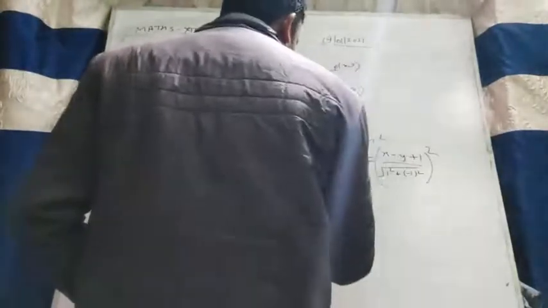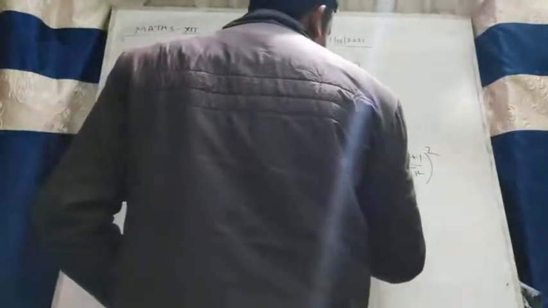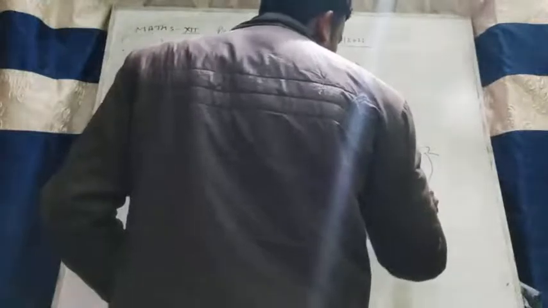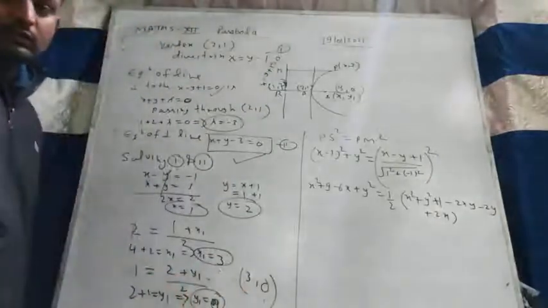So x square plus 9 minus 6x plus y square is, this is 1 by 2, and we write x square plus y square plus 1 minus 2xy minus 2y plus 2x. Now student, when we solve this, we get our result.